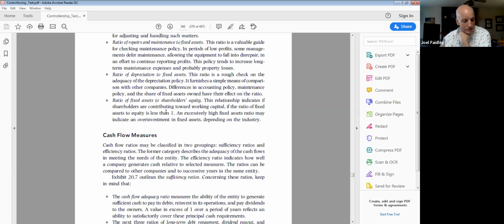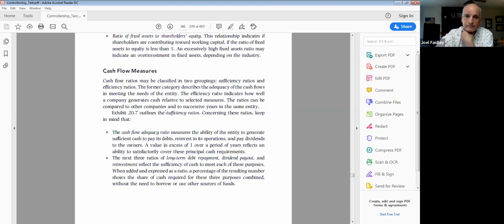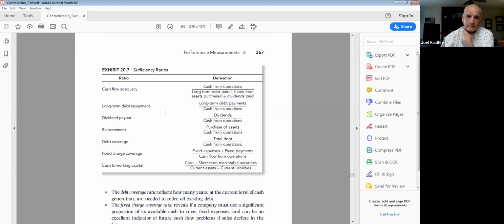Cash flow measures, the bottom of page 366. Call it sufficiency ratios there, exhibit 20-7. Top of the next page, dividend payout.